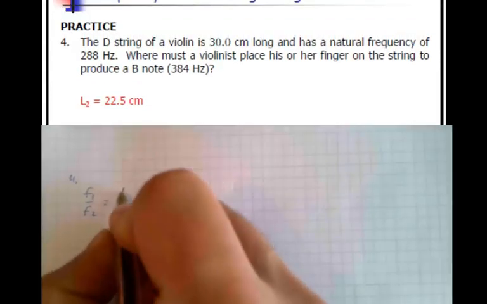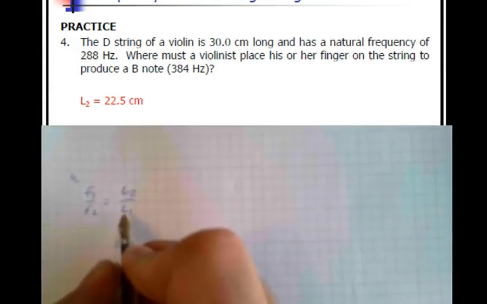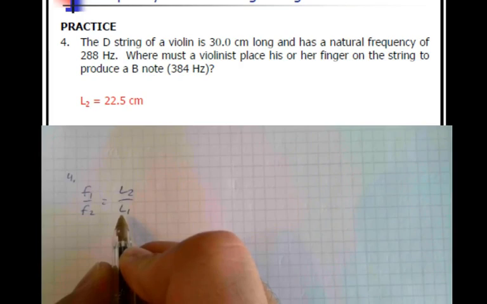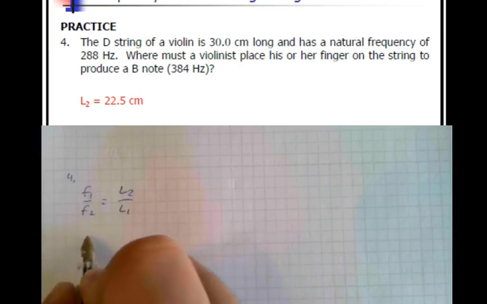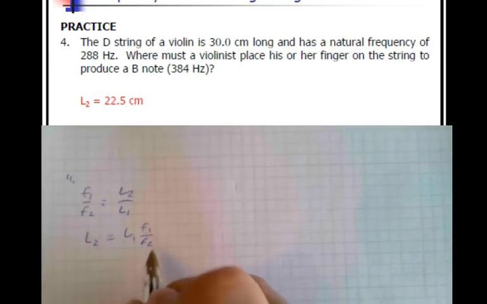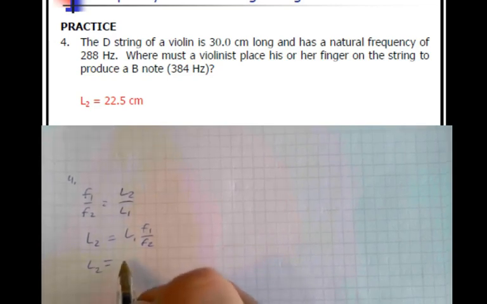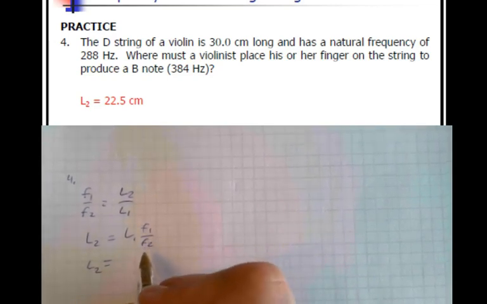So we start with this. And if we want to find out what L2 is, then we rewrite it: L2 equals L1 times F1 over F2.